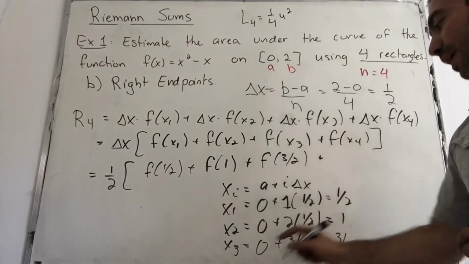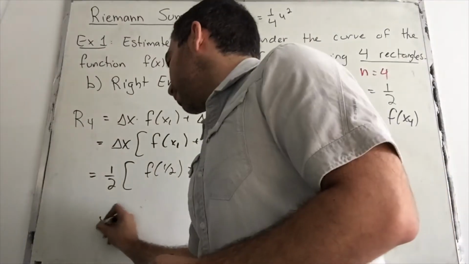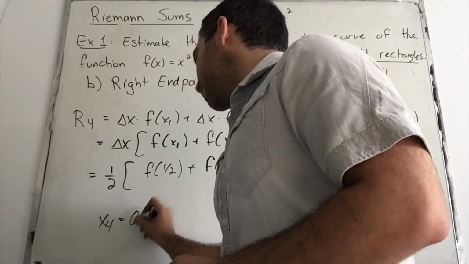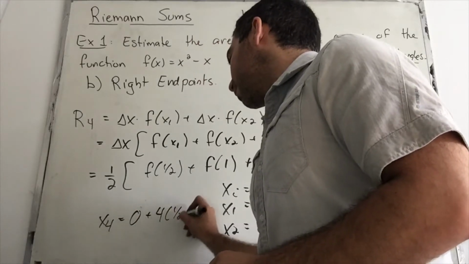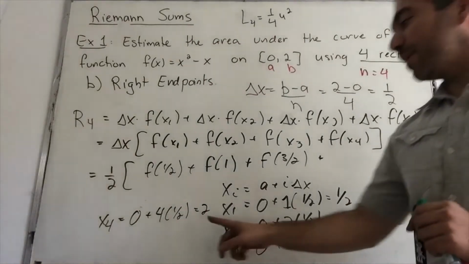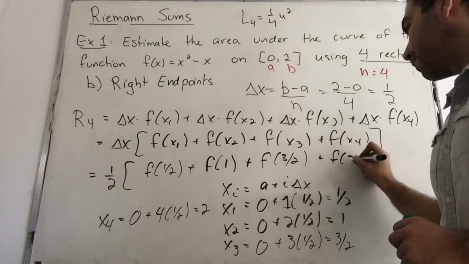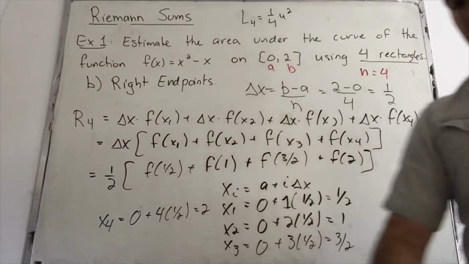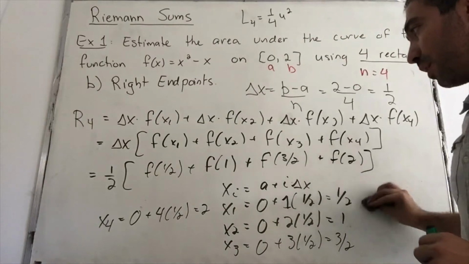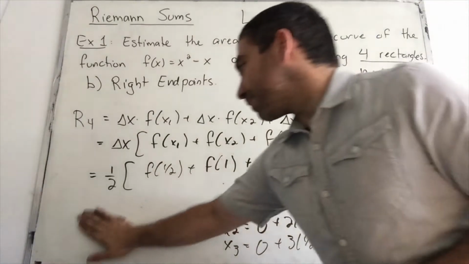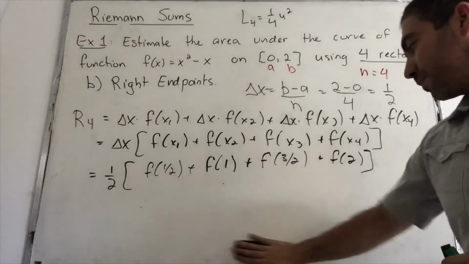And then lastly, we have x4. I'm running out of room. Let's do it here. x4 equals 0 plus 4 times a half, which is simply 2. And that makes sense because this is the endpoint. We stopped at 2. So this is f of 2.